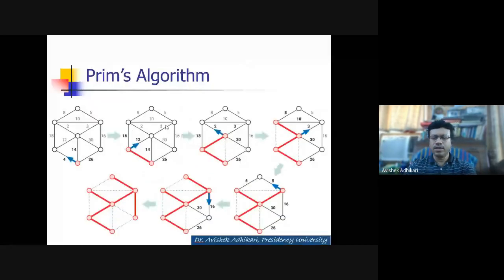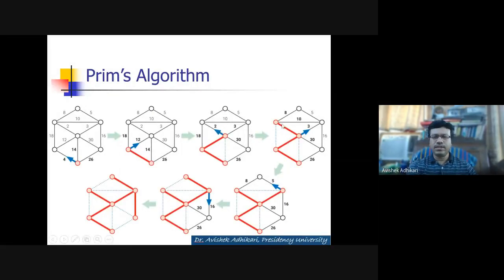So from here, you suddenly take this. Now, if you have this at hand, in the next step, what are you going to do? You will take this one because 3 is the minimum among these. Now, from here, you will have this one, and from here, you will have again this one.